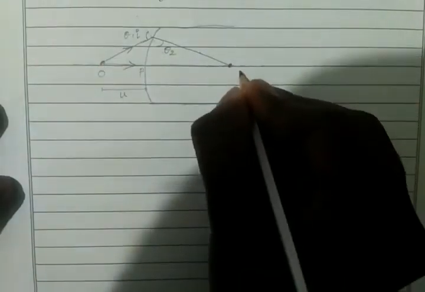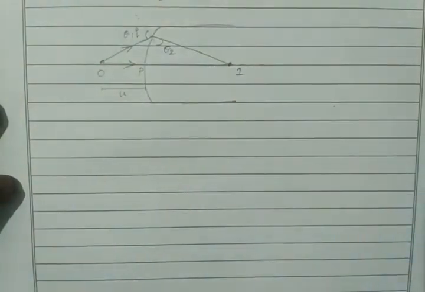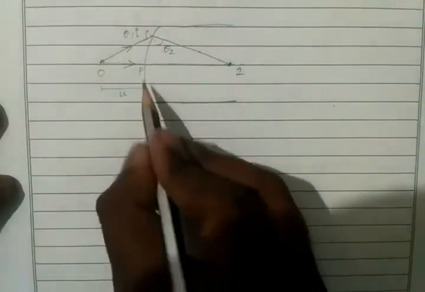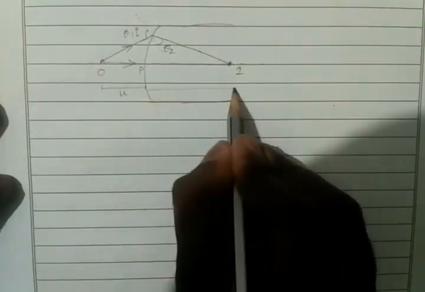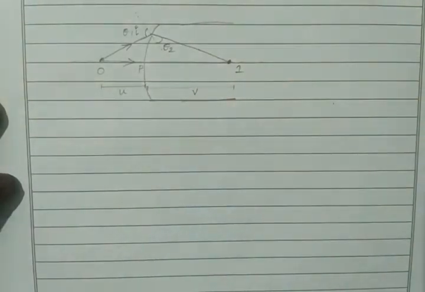When two rays meet at a point, we have an image. So for this object we have the image here, and the distance between the pole and the image is known as the image distance v.